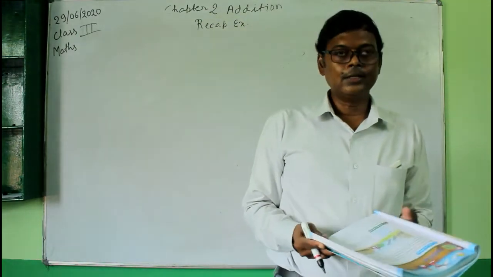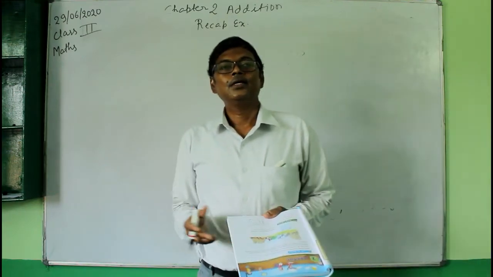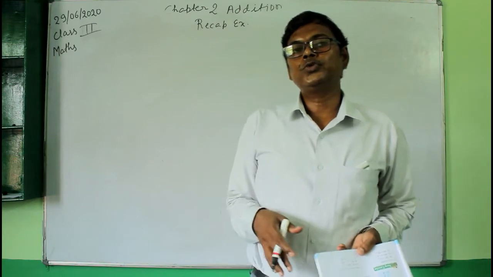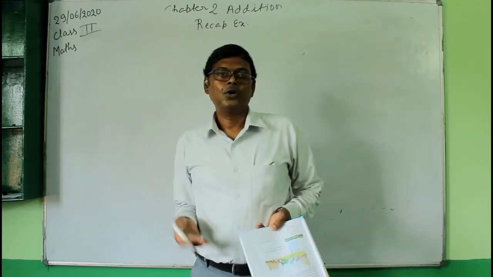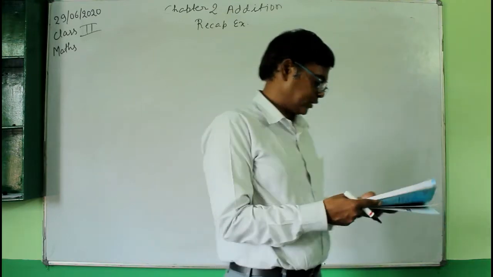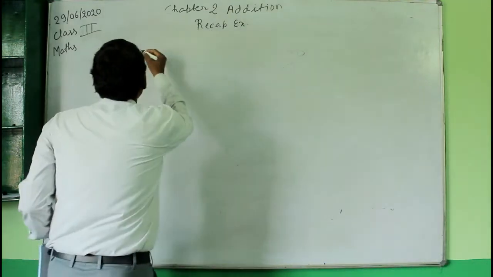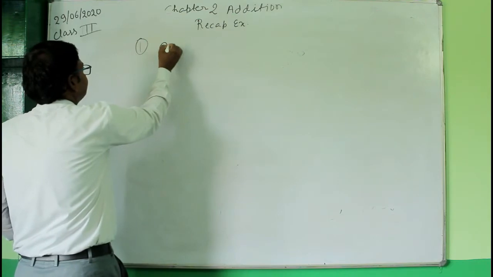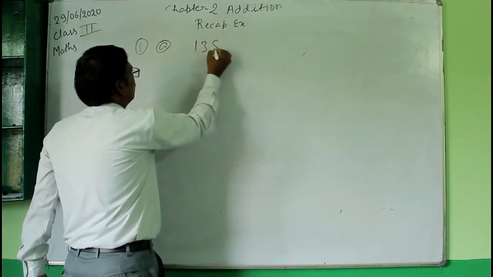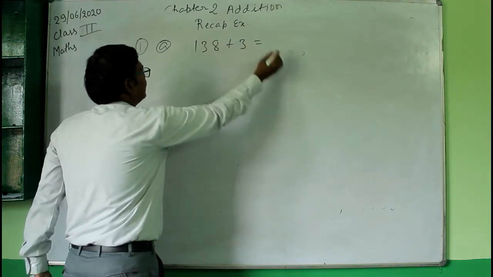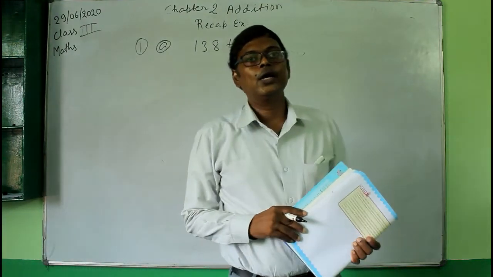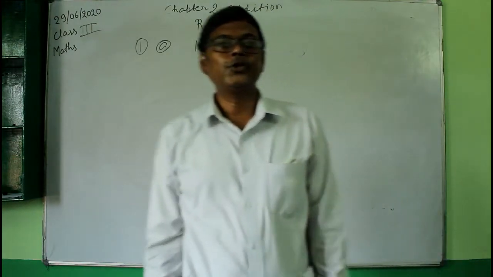The first question is: add mentally. Here you don't have to work on your copy or on the blackboard, just add mentally. So the first question is, how will you add it mentally? 138 plus 3.